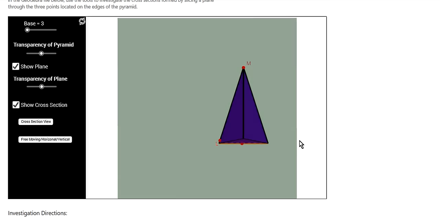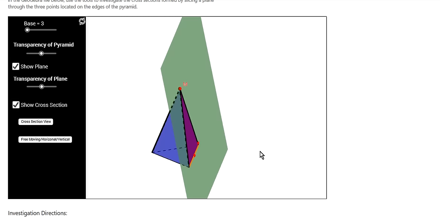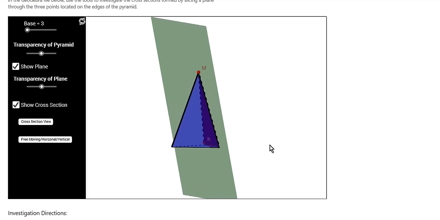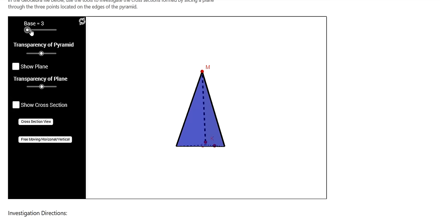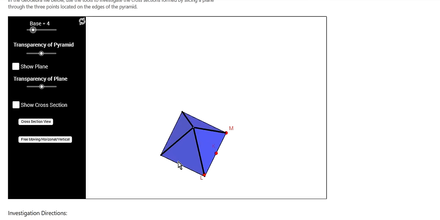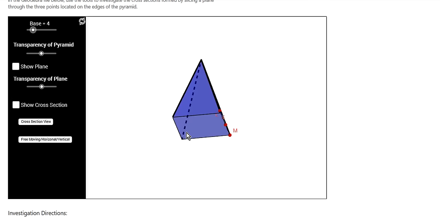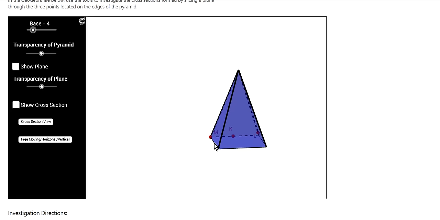Okay? Alright, so let's do something else. How about we add one side to the base? What if we have a square pyramid? Okay, as you can see here. Now this one's easy to figure out where the altitude is. It's going to be on the diagonal, right? So let's put a point on the top, and then put a point right here.